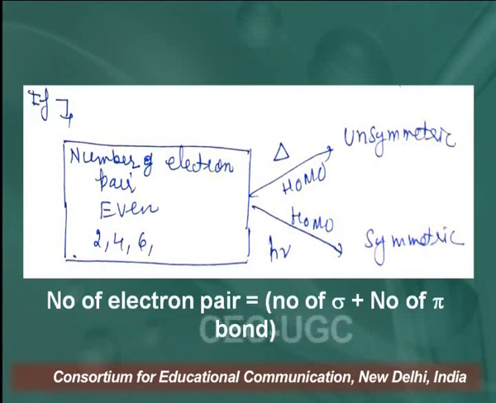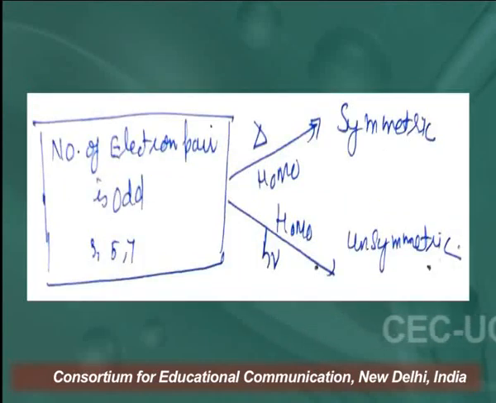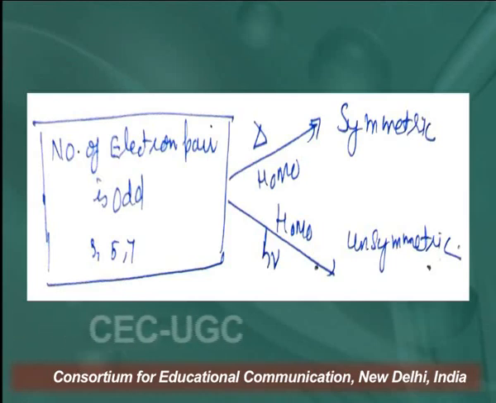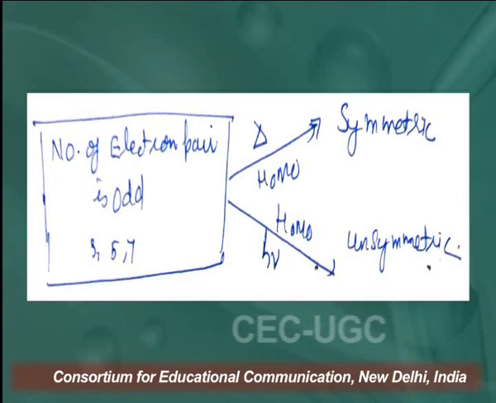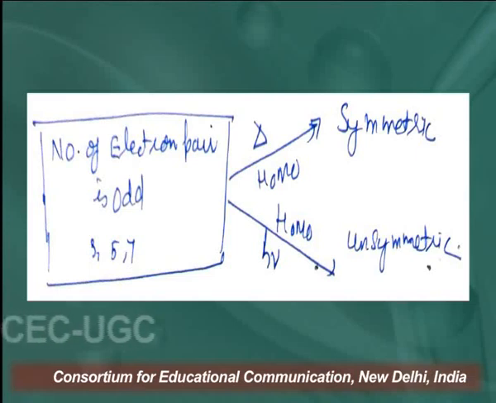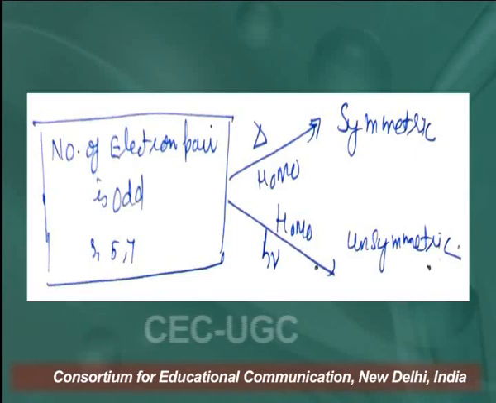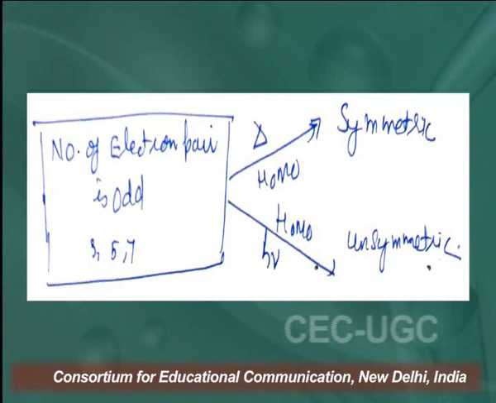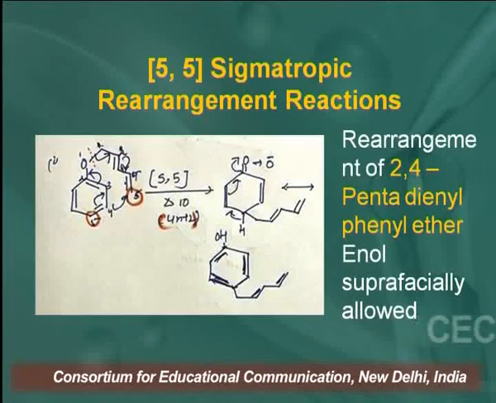So the number of electron pairs will be number of sigma bonds plus number of pi bonds. Similarly, if the number of electron pairs is odd, that is 3, 5, 7, in a HOMO, that is a thermally induced reaction, the last lobe of the p orbital will be symmetric. Similarly, on photochemical condition, the last lobe of the p orbital will be unsymmetrical.